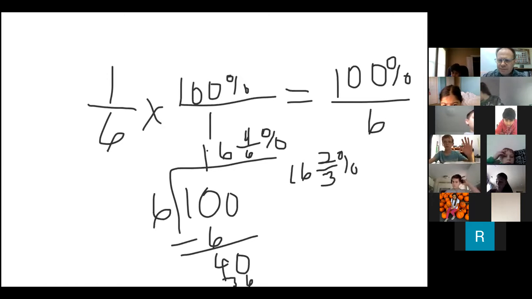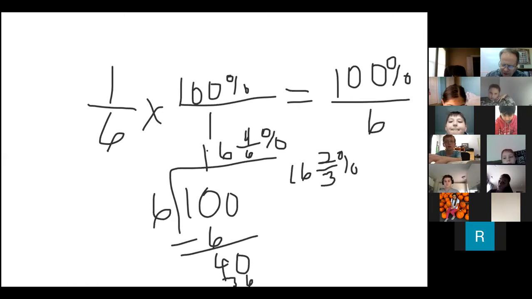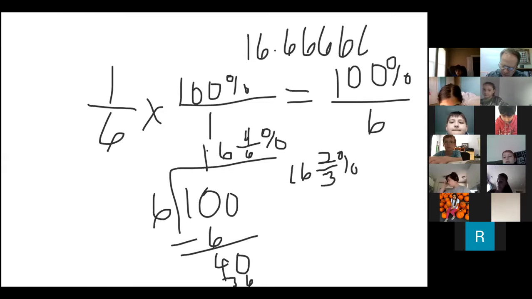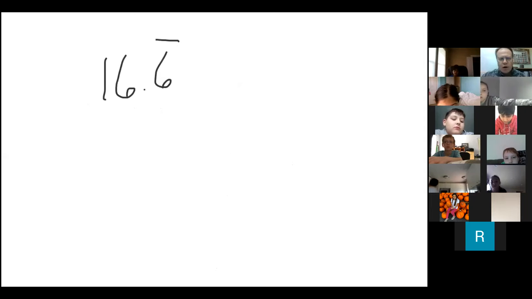Yes, Nathan. Is it possible to change the 2/3 on the 16% to a decimal? Well, if you do that, here's the problem. If you do 2/3 into a decimal, it goes like this. It'll keep going. It doesn't stop. Now, there is a way when you get into upper math that you'll show it, and it'll be like this with a bar over it.